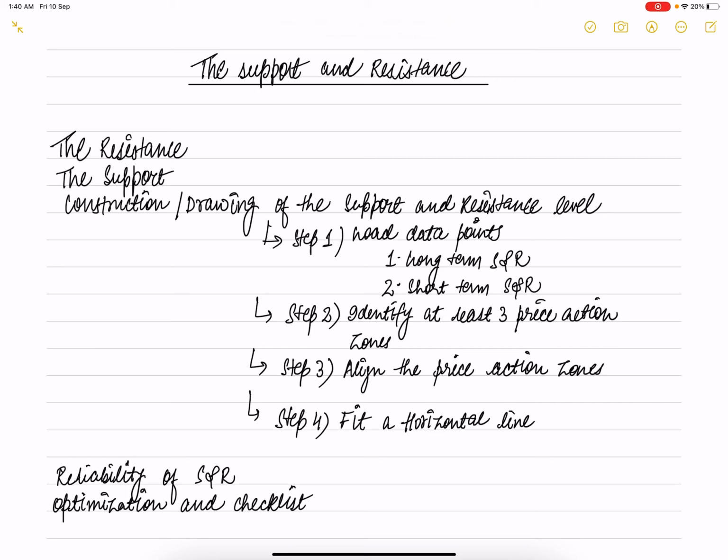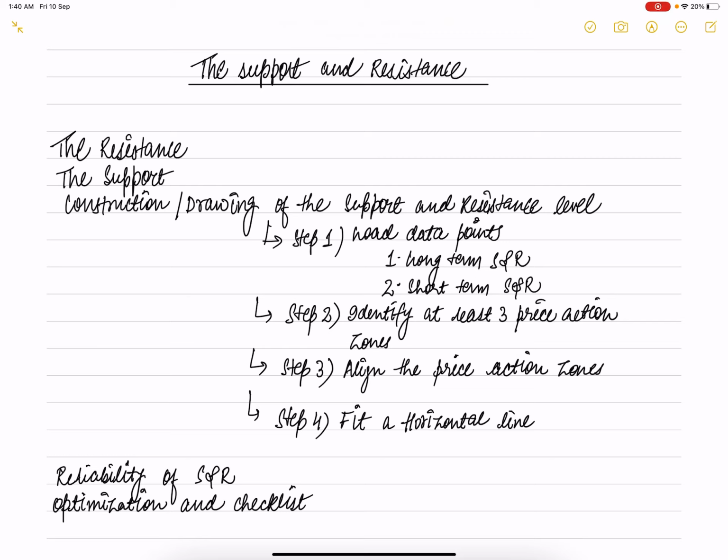So the key takeaways from this chapter are: support and resistance are price points on the chart. Support is a price point below the current market price that indicates buying interest. Resistance is a price point above the current market price that indicates selling interest. To identify support and resistance, place a horizontal line in such a way that it connects at least 3 price action zones well spaced in time.